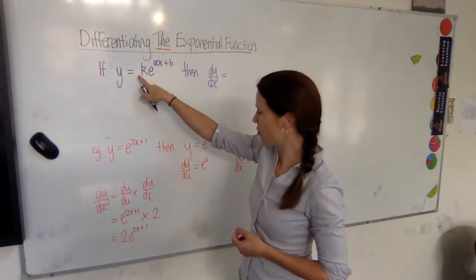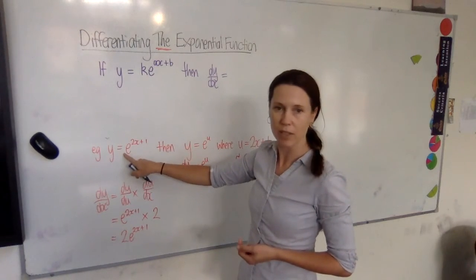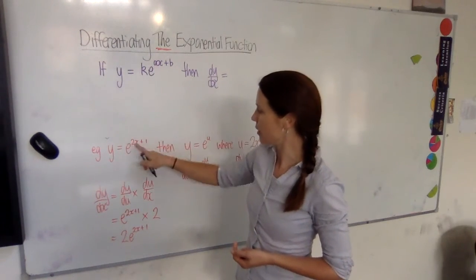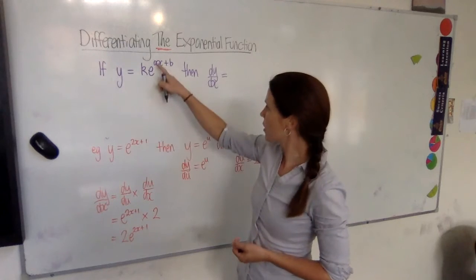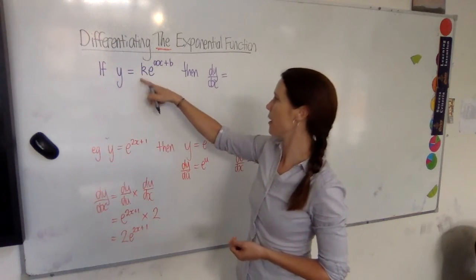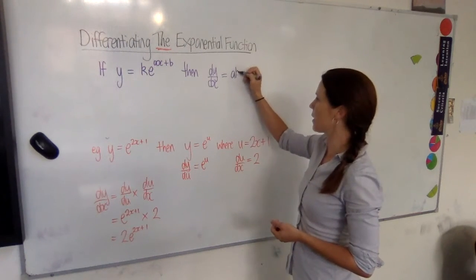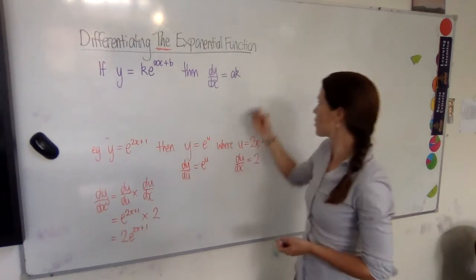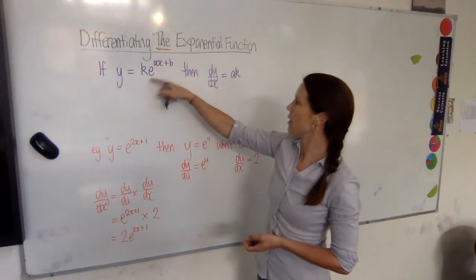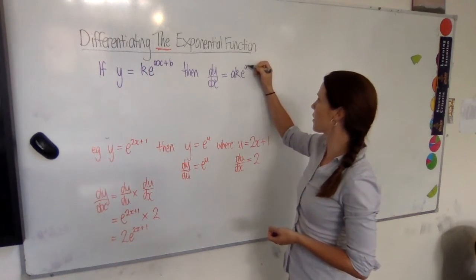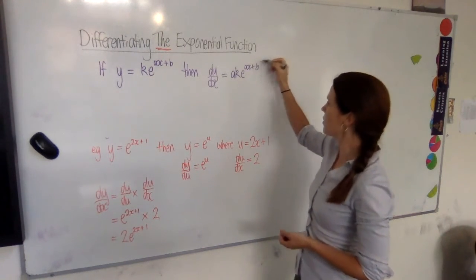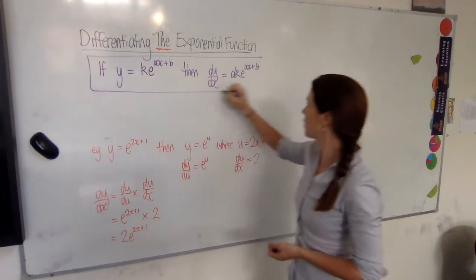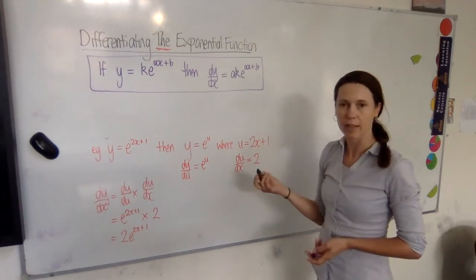And we brought that down the front. Now ours didn't have a constant, but if it did, we would have just multiplied our 2 by whatever that constant was. So we bring the a down the front, multiply it by the k, so we get ak, and then we rewrite the function we were given, e to the power of ax plus b. And this is a rule now that we can remember to use for questions like this.